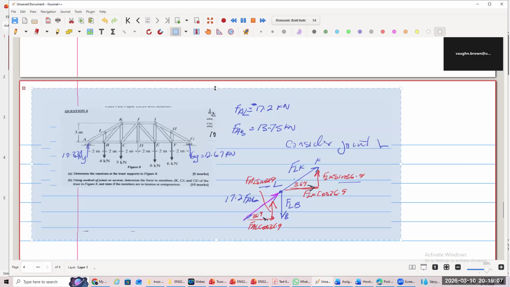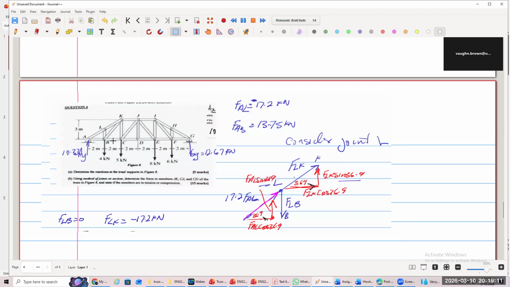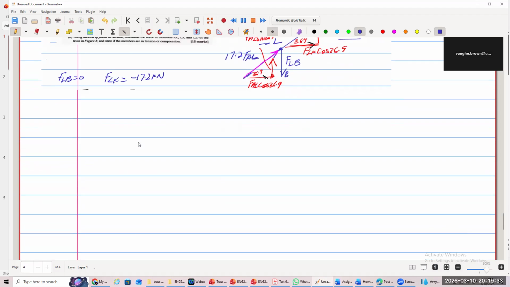If you look carefully, you will see that for joint B, you have all the members of joint B except 2. Joint B is supposed to have 4 members. One is 0. You have AB, and you're only left with BK and BC. So therefore, I can now consider another joint.